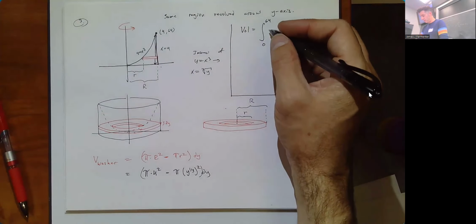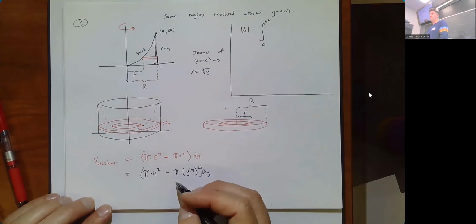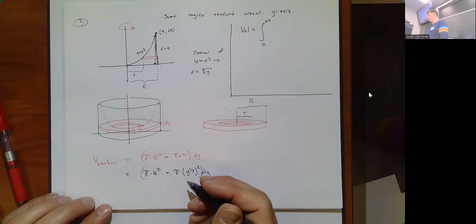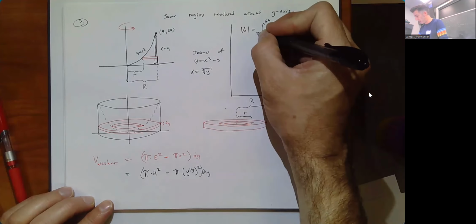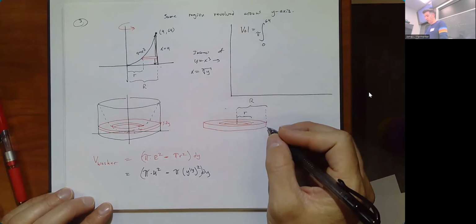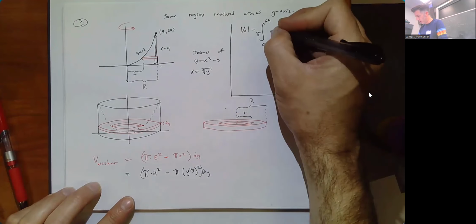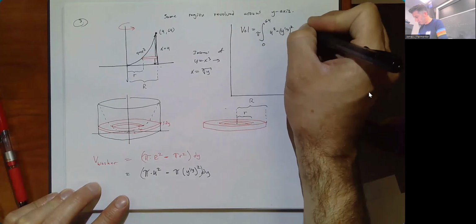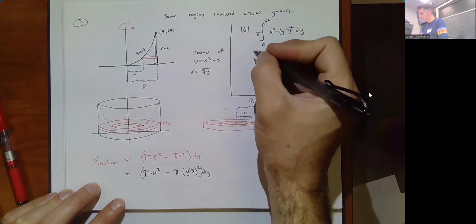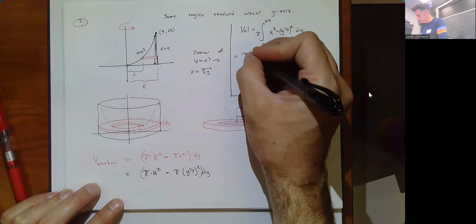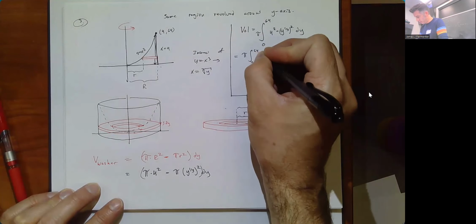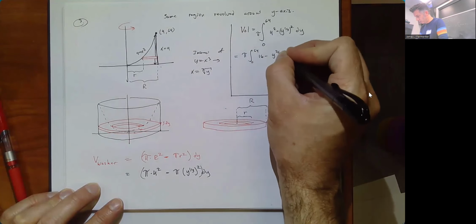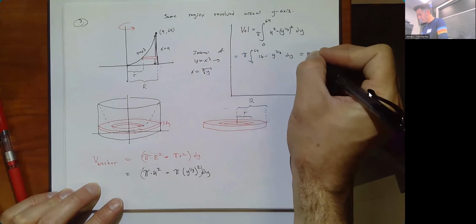Most people, when they do this, factor out the pi and put it in front of the integral. So I've got pi times the integral from 0 to 64 of 4 squared minus y to the 1/3 squared. And then the work is going to be kind of gross. It's going to be 16 minus y to the 2/3 dy.